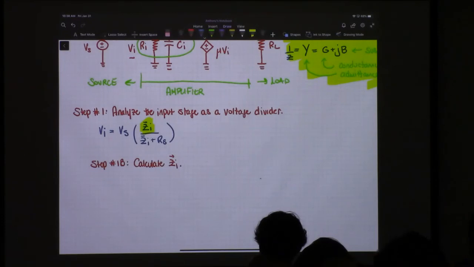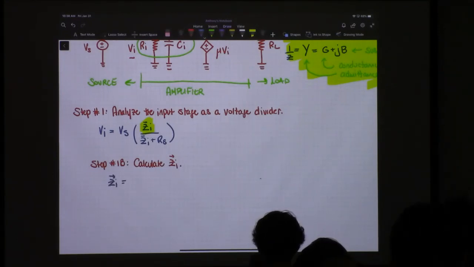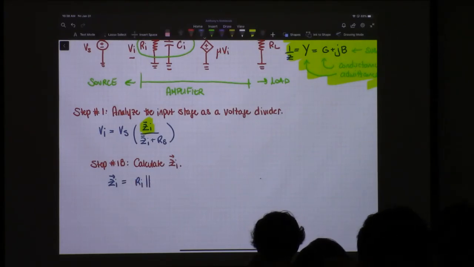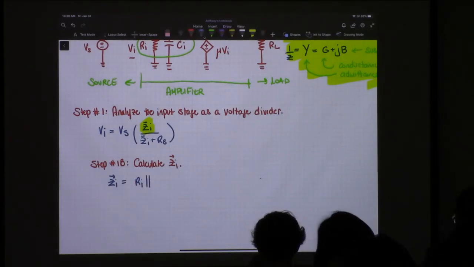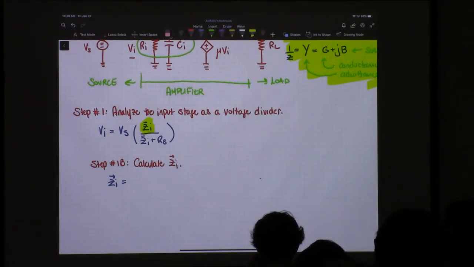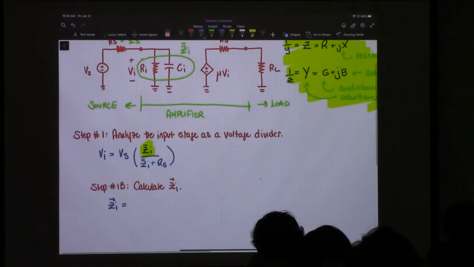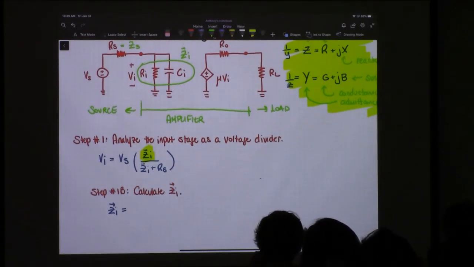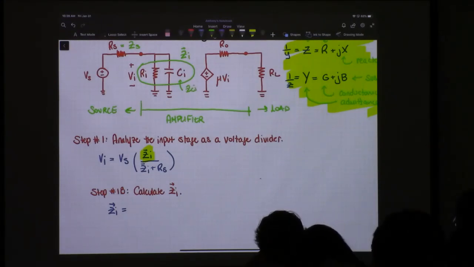So Zi is equal to the parallel combo of Ri and Ci. I'm going to be more formal, so I'll give these names too. This is the impedance associated with that, I'm going to call Zci. And the impedance associated with that I'm going to call Zri.